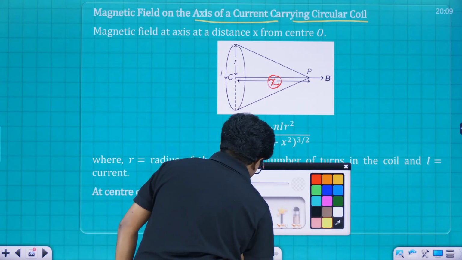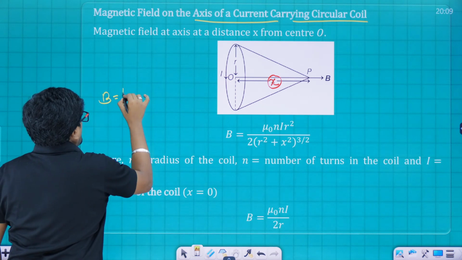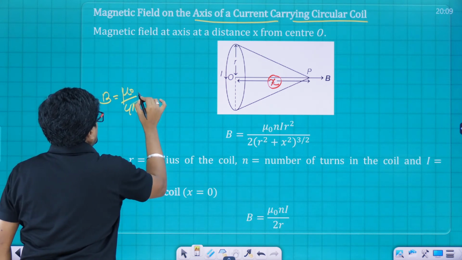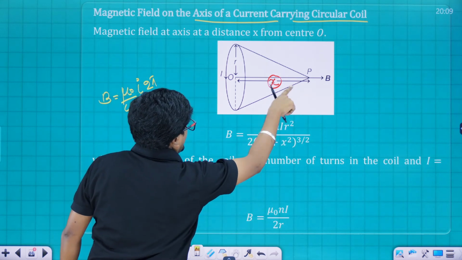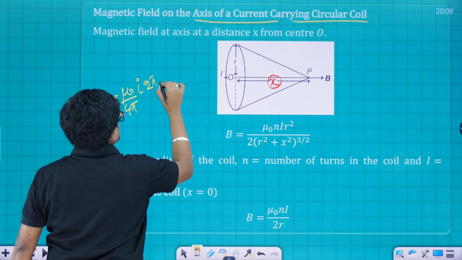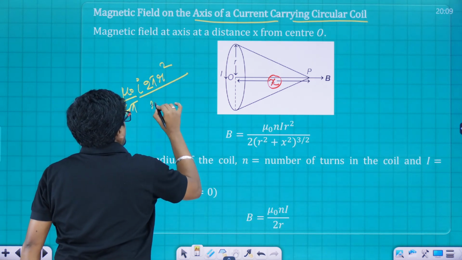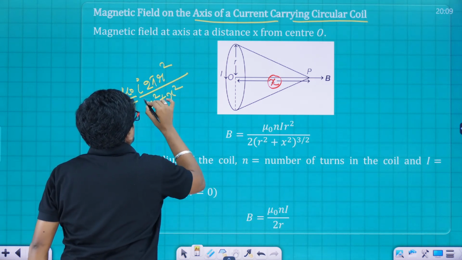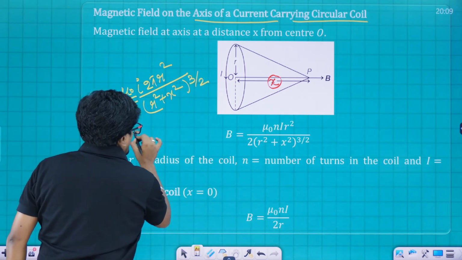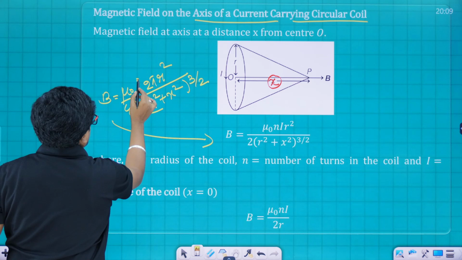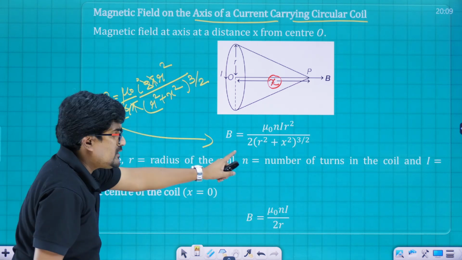So here you may mark the magnetic field as B is equal to mu naught divided by 4 pi, I into 2 pi times, here the distance is x and the radius is small letter r, so it's going to be 2 pi r square all divided by r square plus x square raised to 3 by 2. Further resolving this, it is going to get converted like this. What happens over here is pi and pi will cancel each other, and you will get number 2 in the denominator.